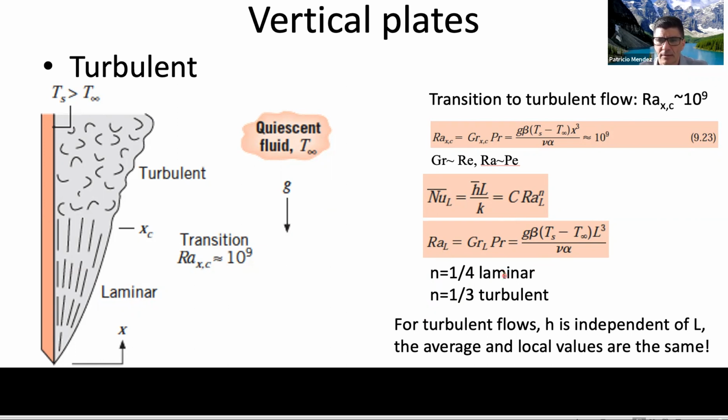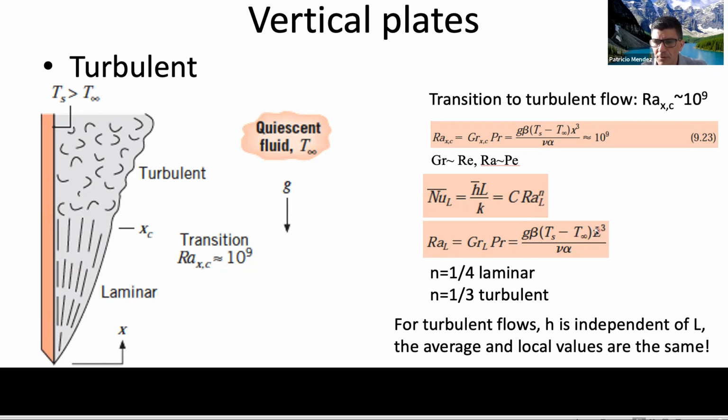In the case of turbulent flow, the empirical evidence is that the exponent here is not 1/4, but 1/3. And this has an interesting consequence, because in turbulent flow we have Rayleigh to the 1/3.